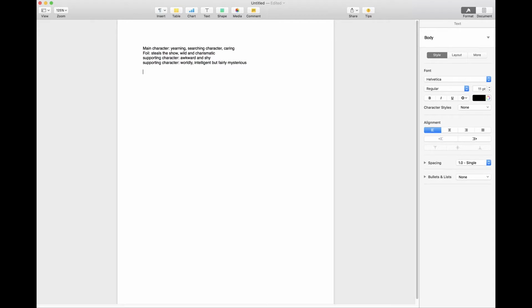I feel like I have a good set of four characters which I could base actual characters on. So I'm going to start with the supporting characters and move on to the main character.